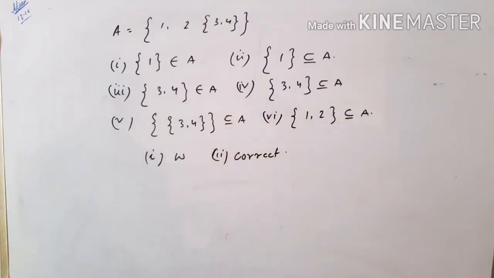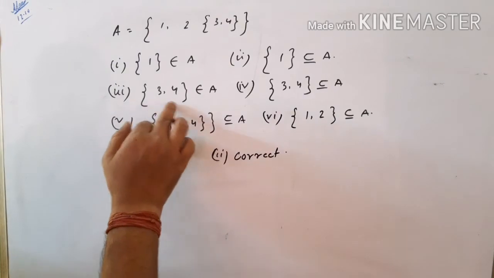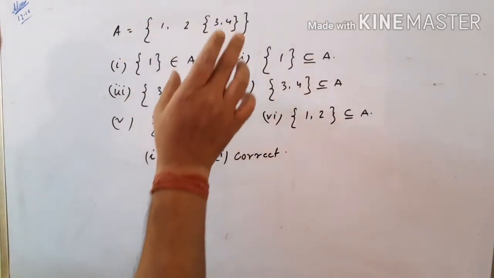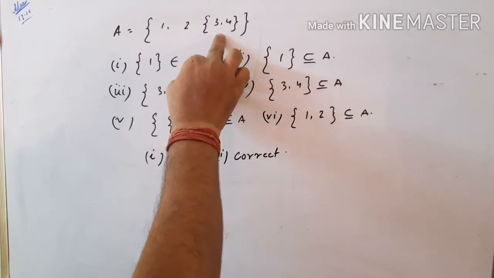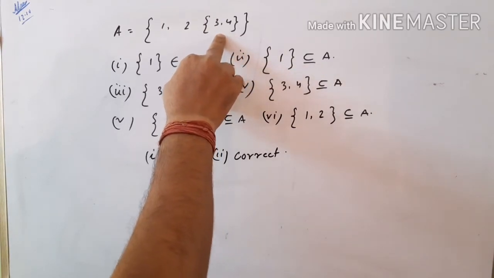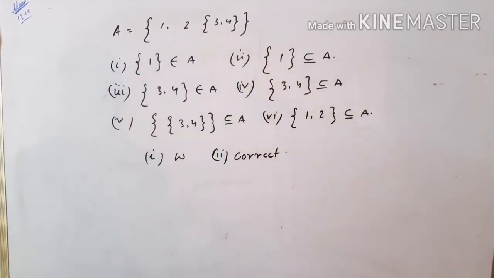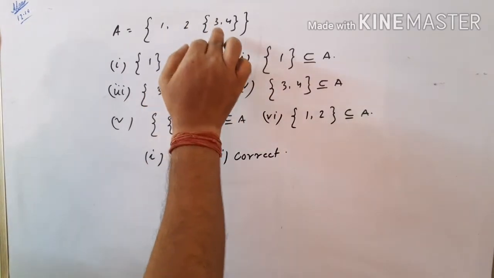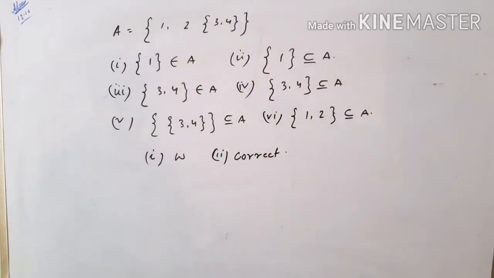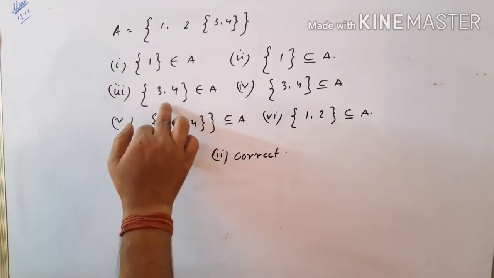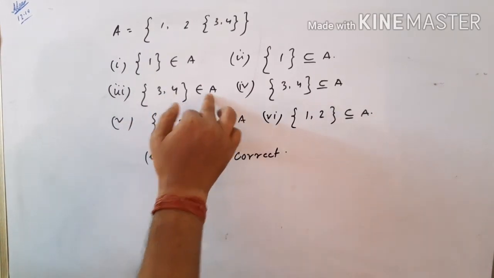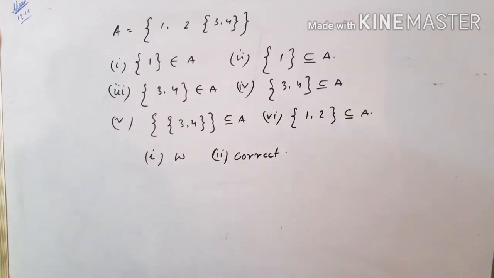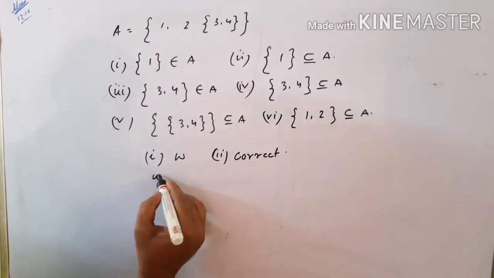Although {3, 4} is a set, here {3, 4} is an element of A. Clear? {3, 4} is a set, but this set is an element of A. So as it's an element of A, we can write the element belongs to the set A. So number 3 is correct.